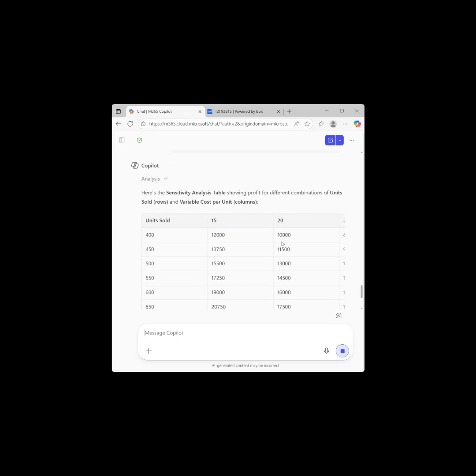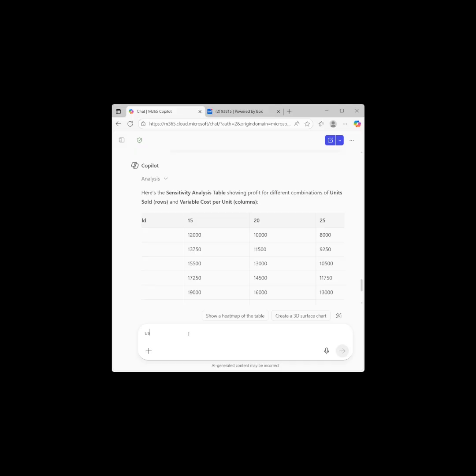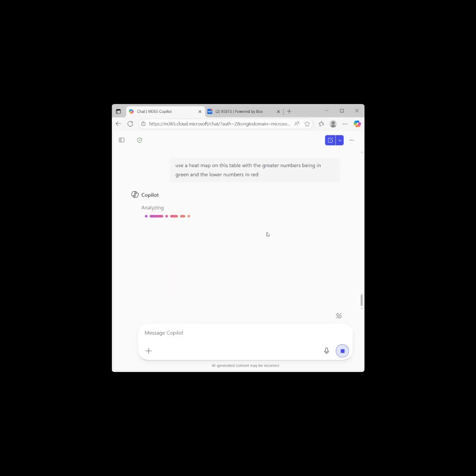So here it gives us a sensitivity table. And then we're going to ask it to use a heat map. Now as accountants, we always like green profit, red not. So we're asking it to use a heat map table with the greater numbers being green and the lower numbers being red.